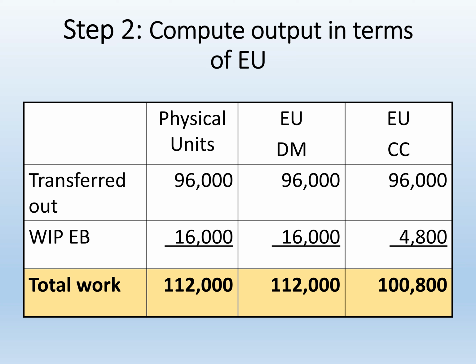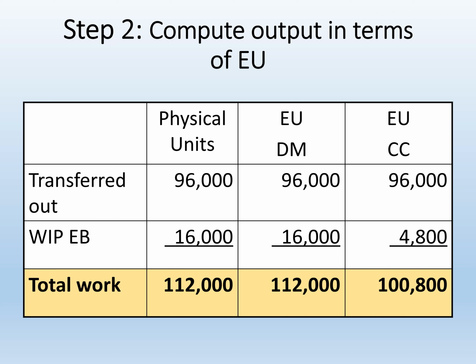Notice that the equivalent units for direct materials is the same as the number of physical units. That's because this firm adds all of its direct materials at the beginning of the process. So every unit that started gets all of its direct materials regardless of whether the unit is finished or not.